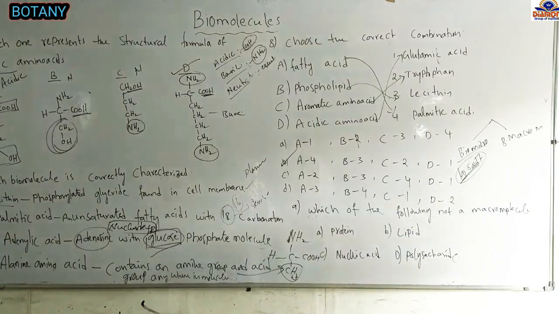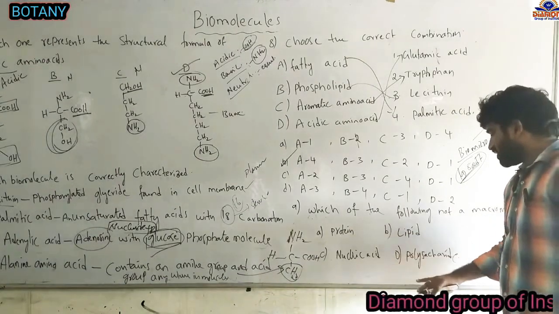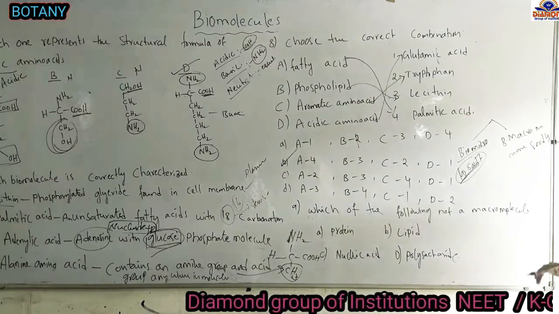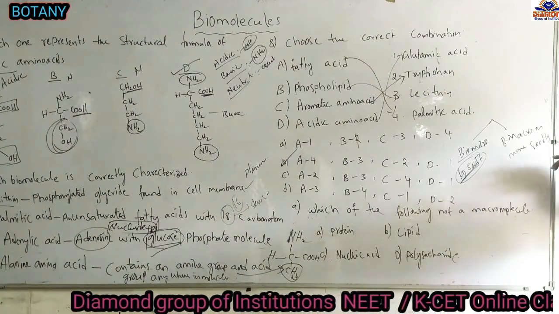Biomacromolecules have more than 800 Daltons weight. Proteins, nucleic acids, and polysaccharides are the biomacromolecules, and we have also seen all of this when we did the filtration.